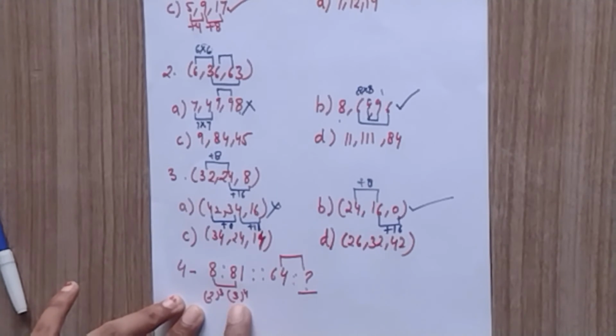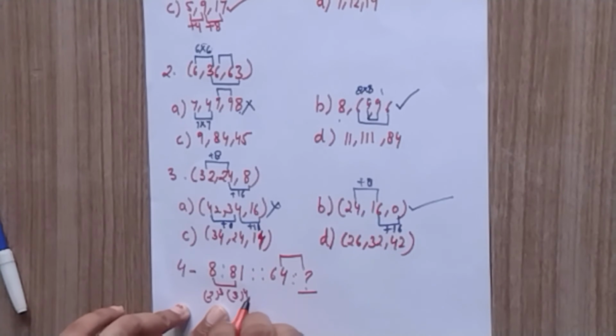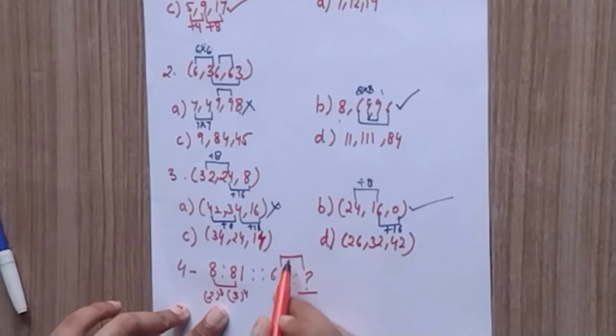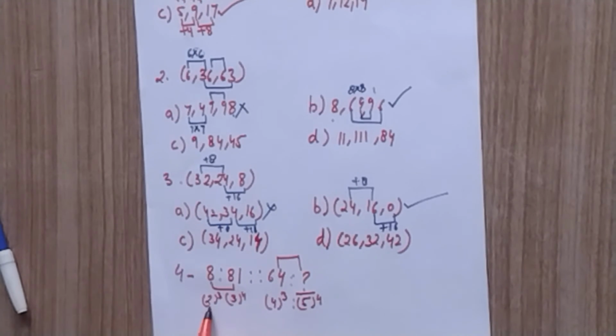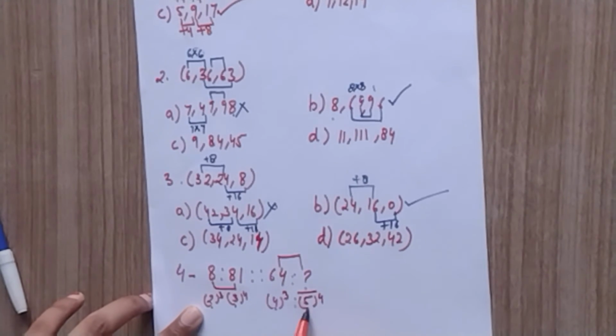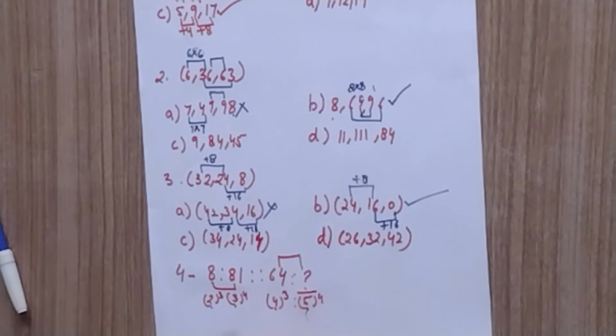We can write 8 as 2 power 3 and 81 as 3 power 4. Similarly we can write 64 as 4 power 3, and we can say that the question mark is 5 power 4. That is 625. So the question mark is 625.